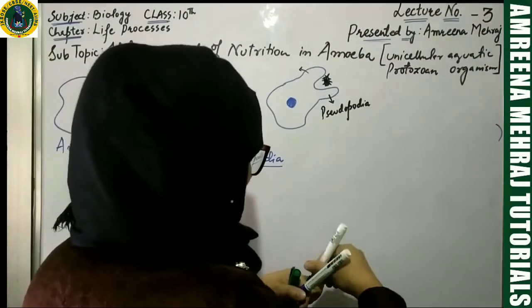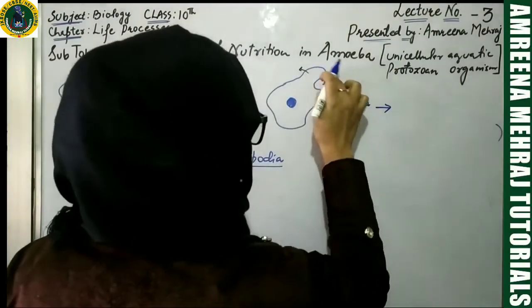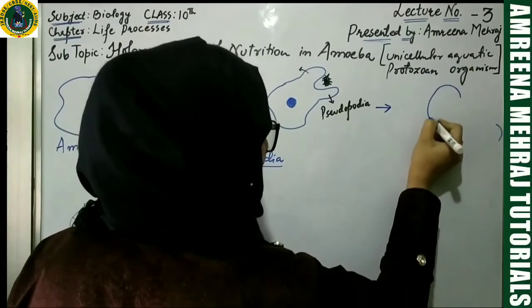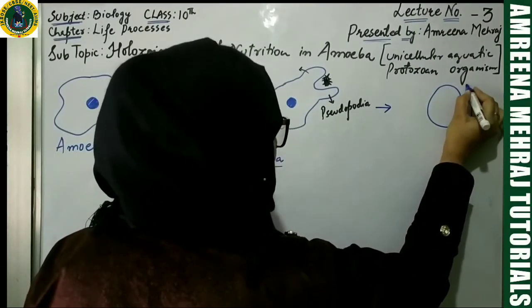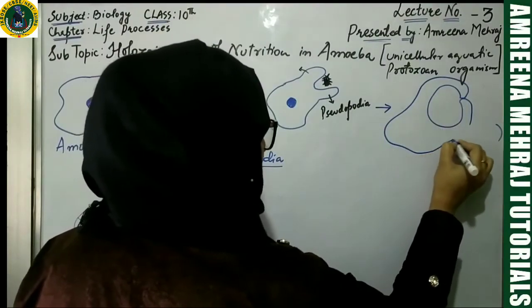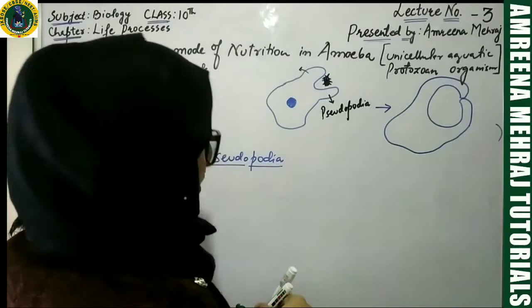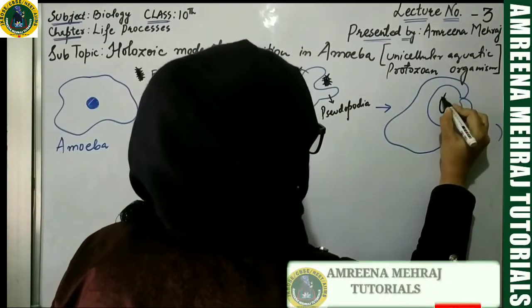So in the next step, what happens is basically the two pseudopodia come very close to each other like this. They come very close to each other, and finally they join with each other. Something like this is going to happen. See, what is happening over here? The food particle is now over here.